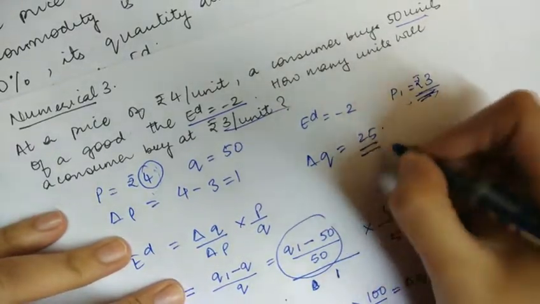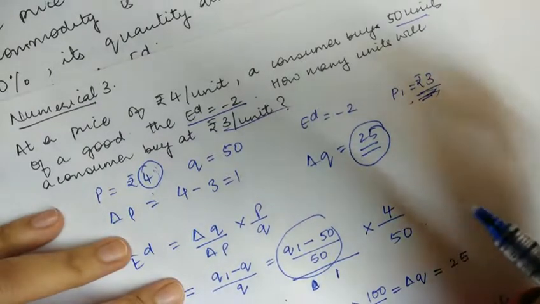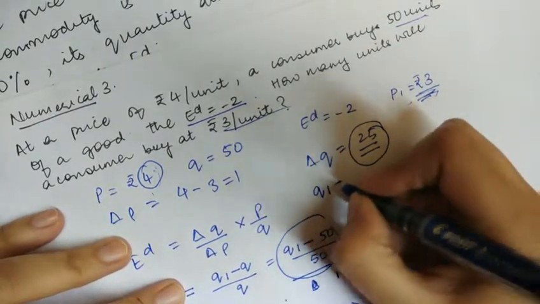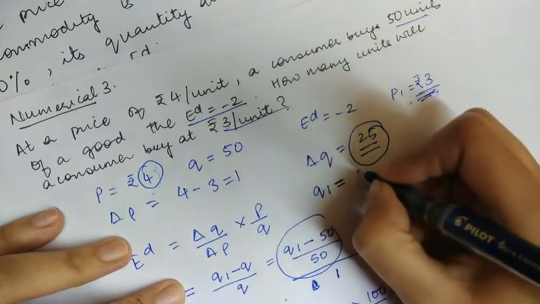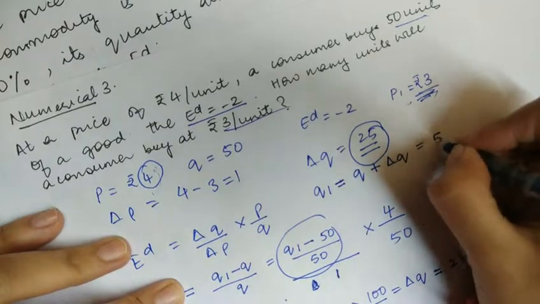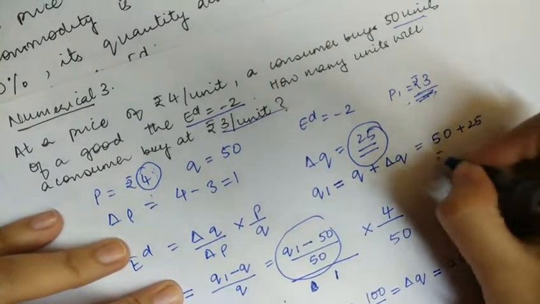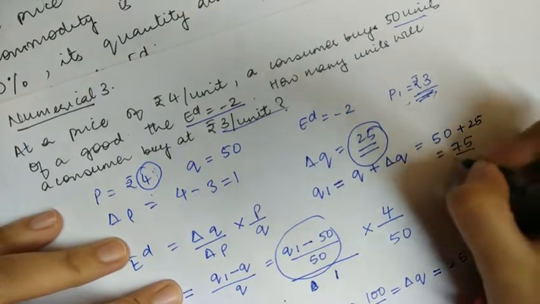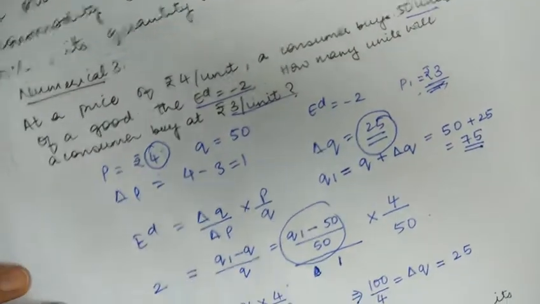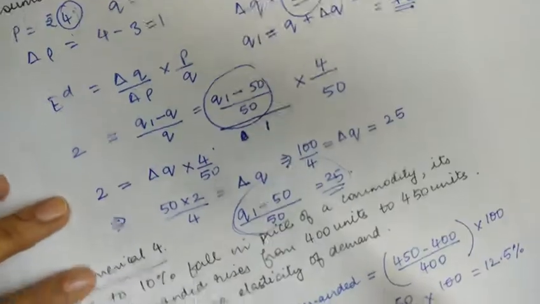If I add this amount to the original quantity, I will get the new quantity demanded. Q1 will be equal to original quantity plus the change in quantity, which is equal to 50 plus 25, which is equal to 75. So the new quantity demanded will be 75 when the price has fallen. You can calculate this also, it will come out to be the same.